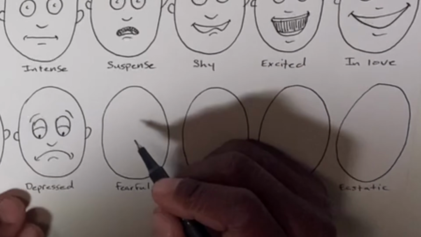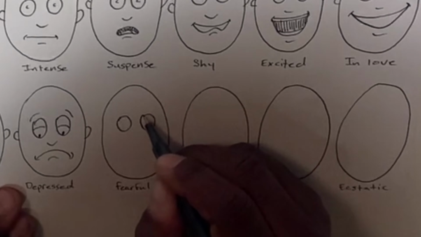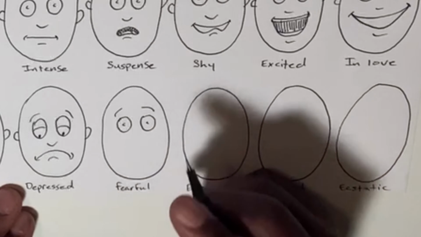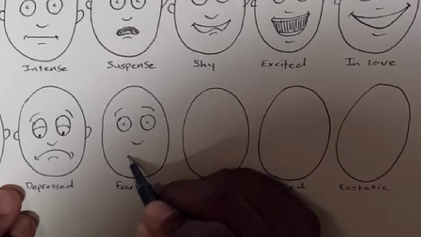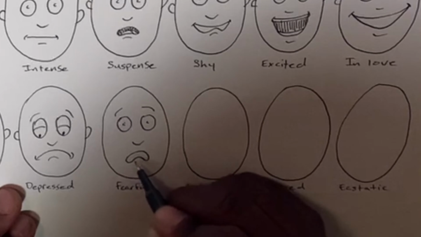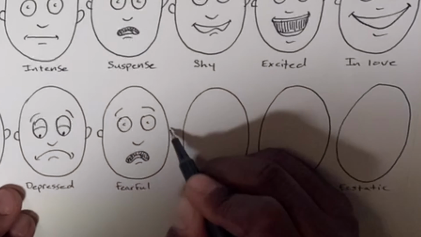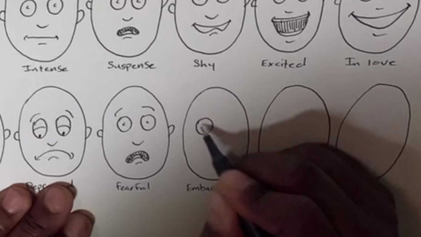So now, fearful. Something has you terrified. So, oval for the eyes. Let's get the dots in there. They say the eyes are the doorway to the soul. So once you capture the expression of the eye, this guy has spotted something that is terrifying him. So now, embarrassed.